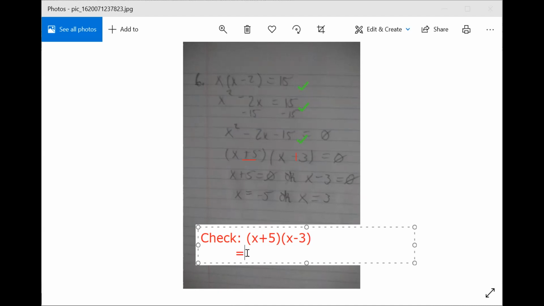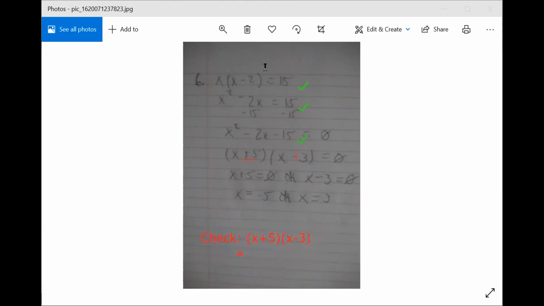All right, Alan, with that correction, this will be subtraction and this will be adding. So you're going to get a positive 5, negative 3.